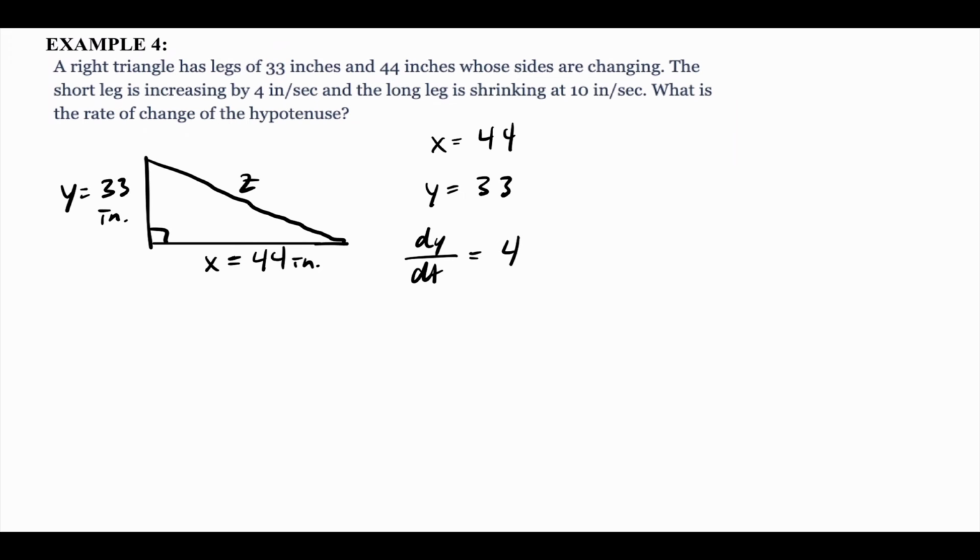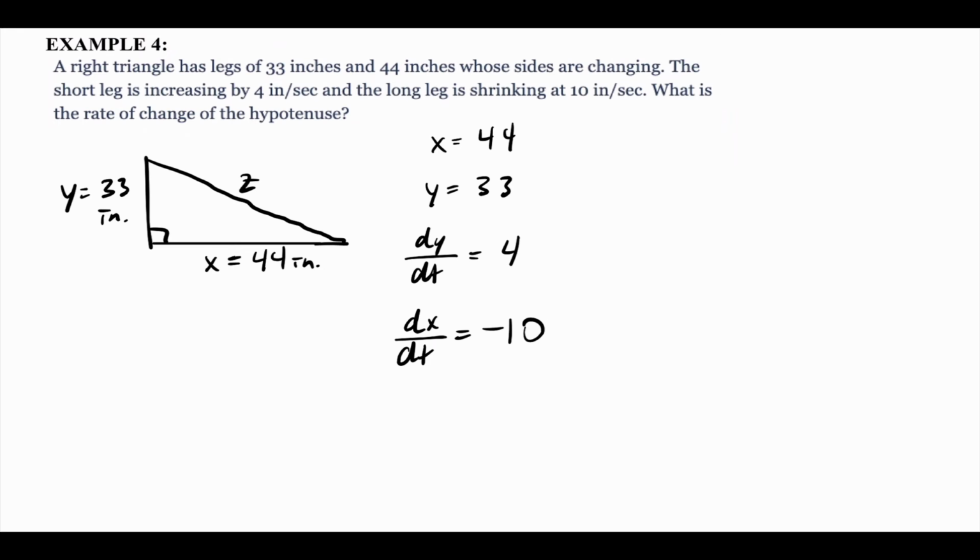So I'm going to give that a 4. And then the long leg, which is my X, is shrinking at 10 inches per second, so that's going to be a negative 10. I'm not labeling units yet. I'll label at the end.